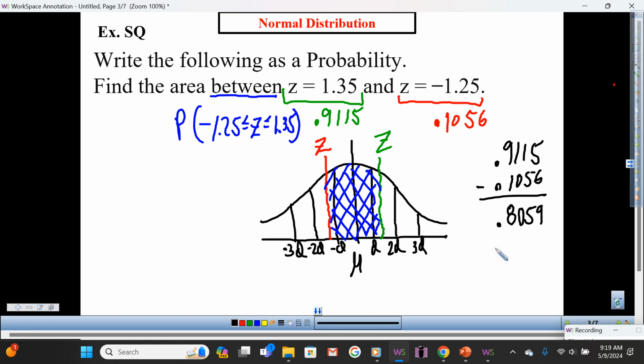Yes? All right, which means the area between those is 80.59%. Very good. Send me your notes, your copious notes on the screen.